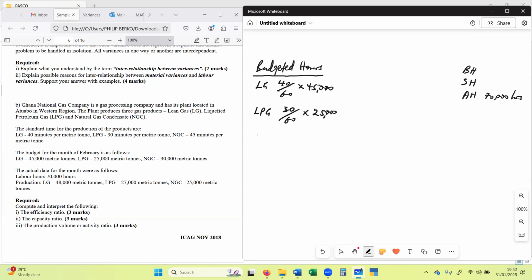Then we have NGC. 45 minutes divided by 60. Then we multiply it by what? 30,000.